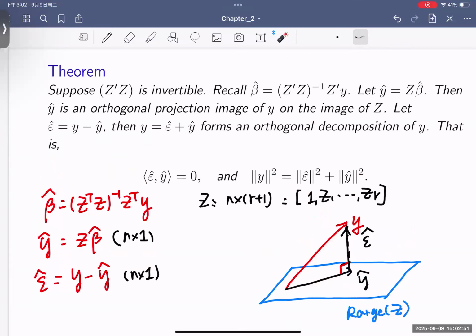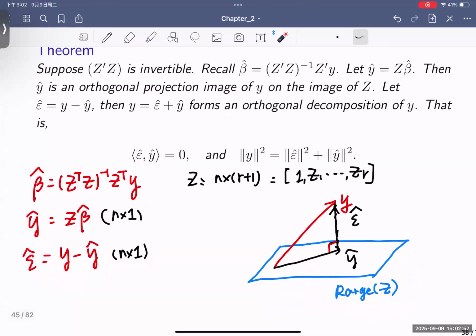Commonly we call this range of z the feature space, because it's presented by the features. And our y is any n times 1 dimension vector.